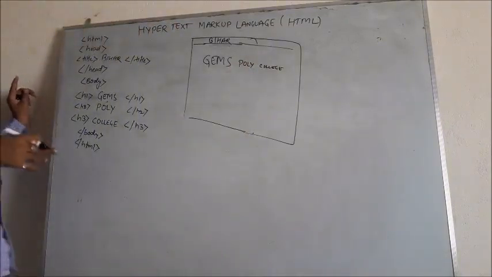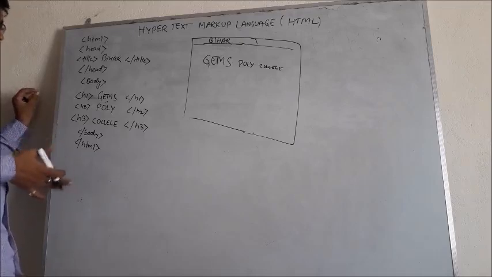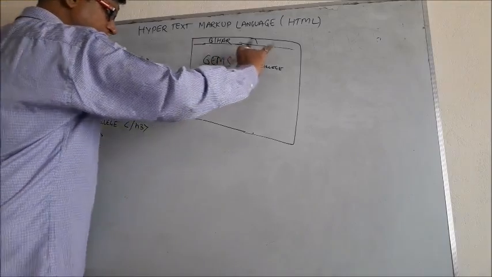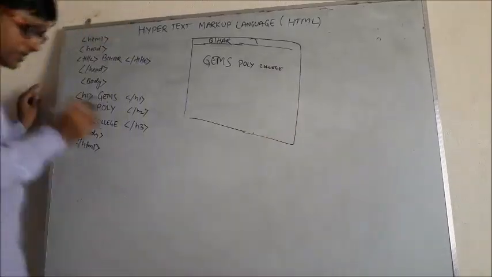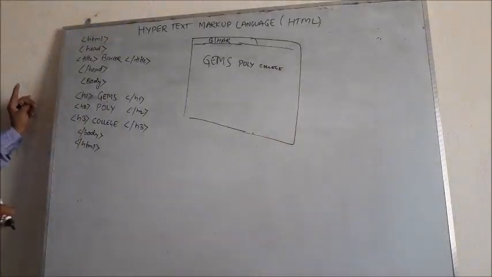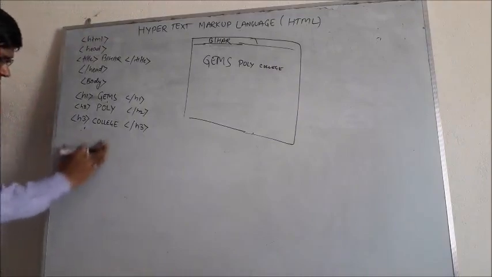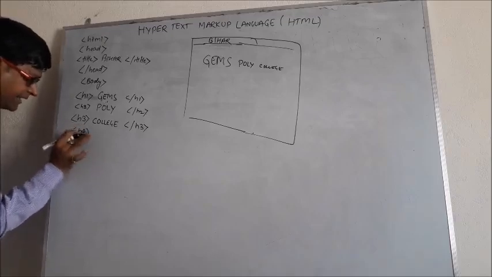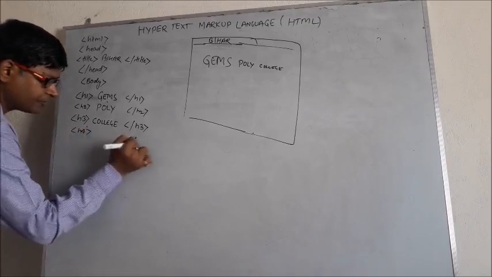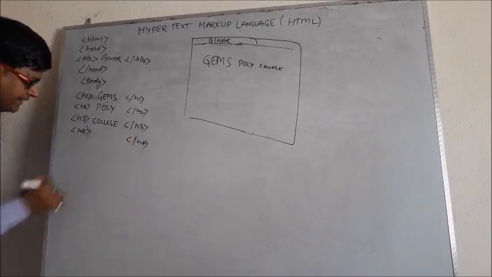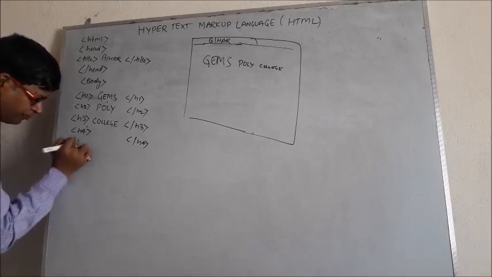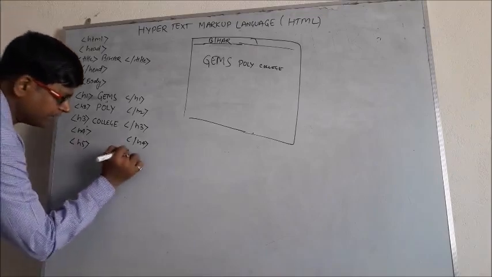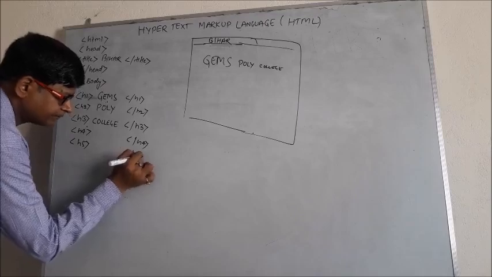I think I was able to make you understand that h1 में सबसे बड़ा size होगा, उसके बाद h2 में और छोटा, h3 में और छोटा, h4 में और छोटा, और सबसे जो छोटा होगा वो होगा आपका h6 में. If you want to write something you can write in h4, right? Closing by h4, correct? Next, if you write in a more smaller font, you can also use h5 like this, right?